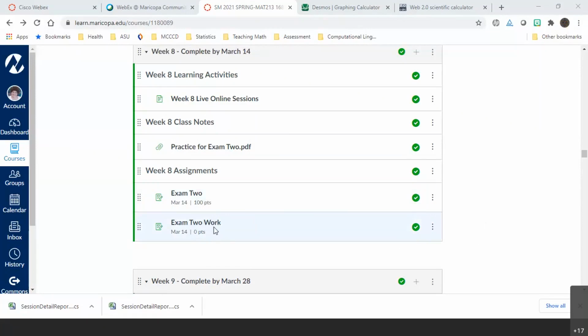When you're doing it, you're writing down your work as much as you can, and once you finish, upload the work here. That way, I'm going to go through all the exams just like I did with exam 1, look at your work, and award you partial credit. That's kind of the best we can do in this situation. So think of it more like doing an exam on paper and then the instructor grades it and gives you partial credit. That's what I'm trying to emulate here.